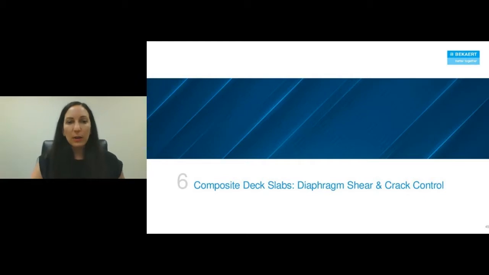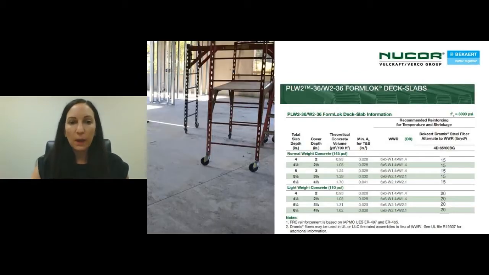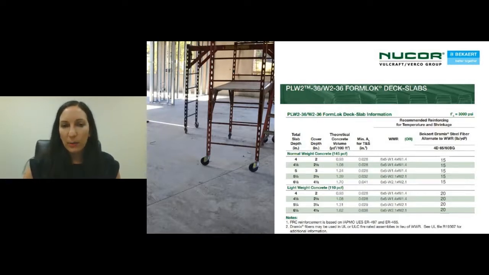All right, so now let's talk about composite decks. Many of you might already know that the Verco and Vulcraft catalog has already been updated to include steel fibers as an alternative to welded wire mesh for temperature and shrinkage, right?